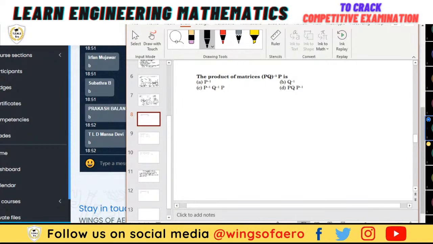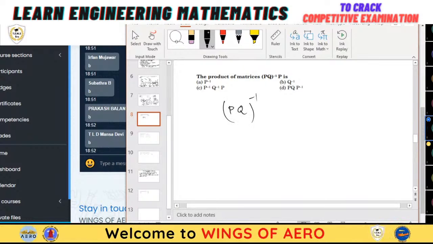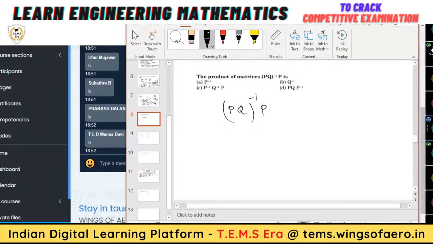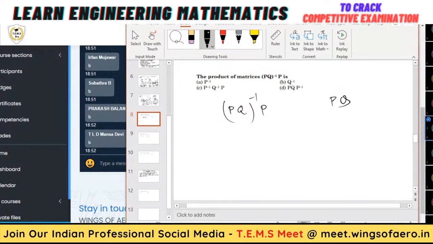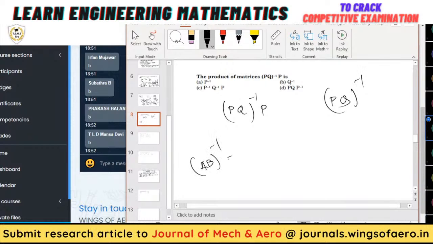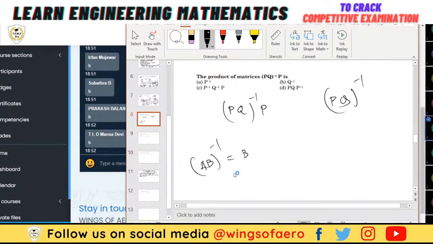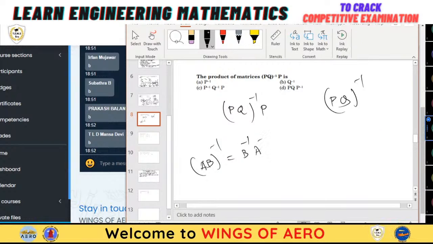Look at this. It is P, Q, inverse P. It is another property I just discussed. (PQ) whole inverse, that is (AB) whole inverse, means B inverse A inverse.